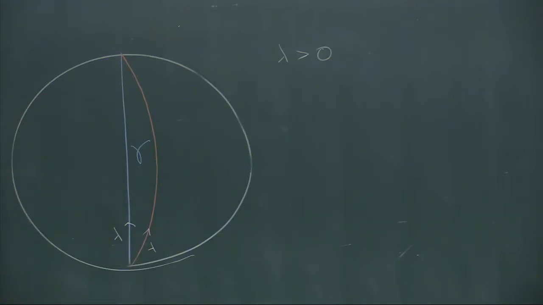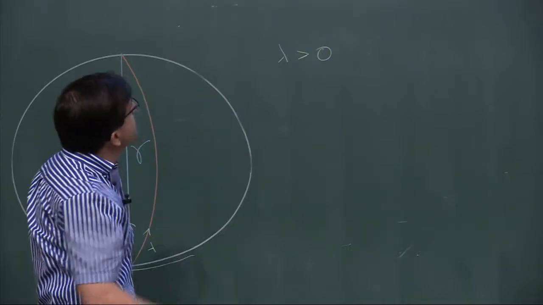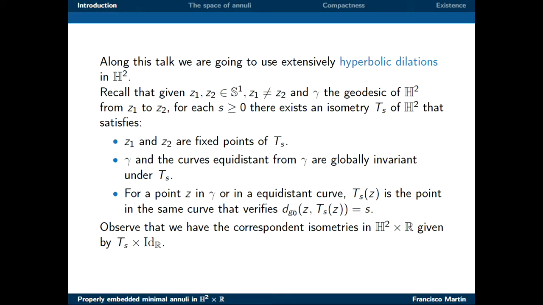That gives you a rigid motion of the hyperbolic plane that I'm going to call dilation of ratio lambda, or ratio in this case in the slide is S.